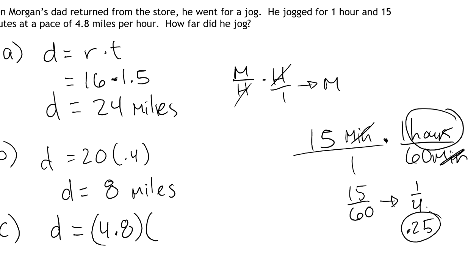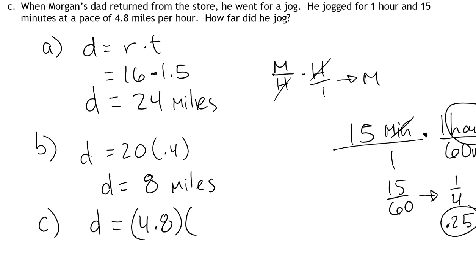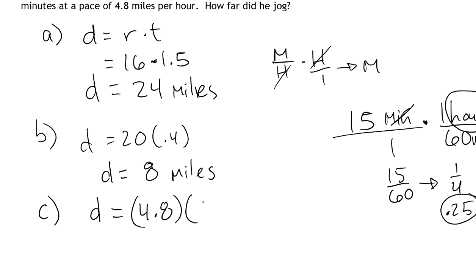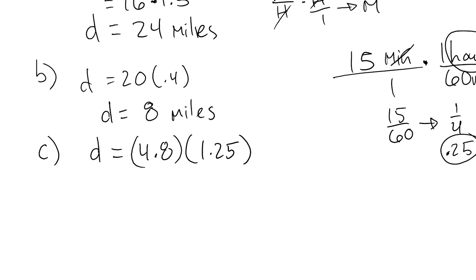So he jogged at this rate of 4.8 miles per hour for 1.25 hours, right? 1 1/4 hours. And when I do that multiplication, the answer was 6. So the distance traveled was 6 miles.